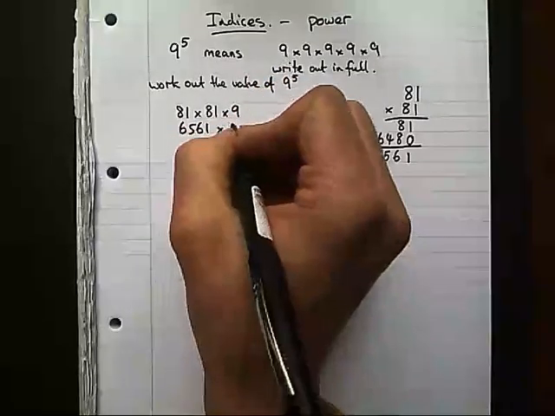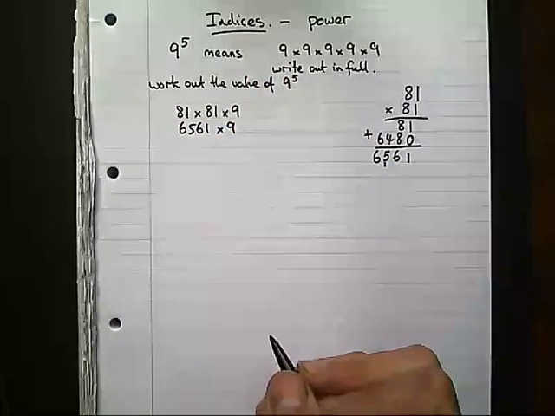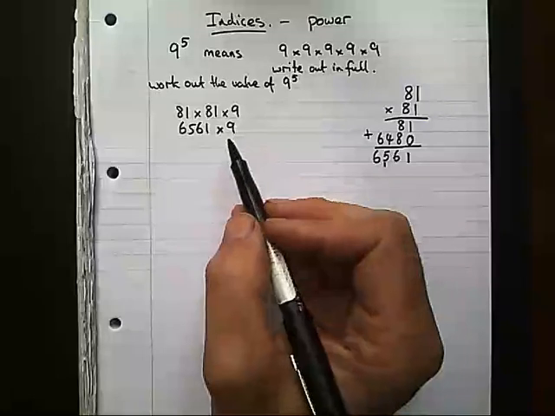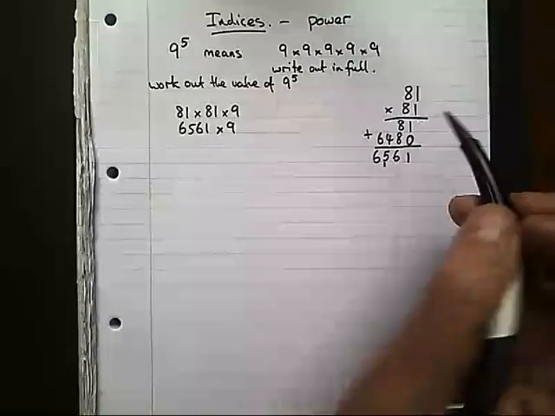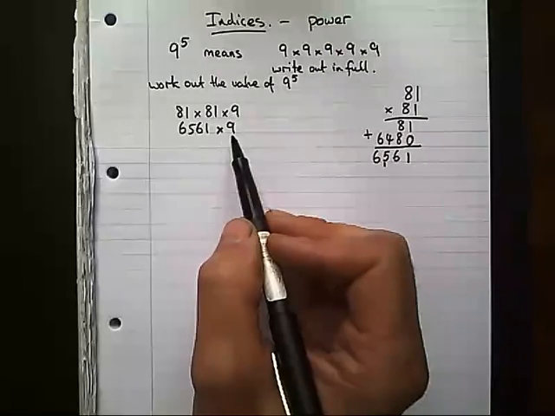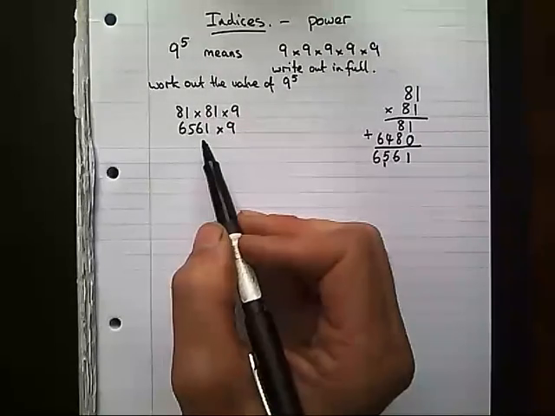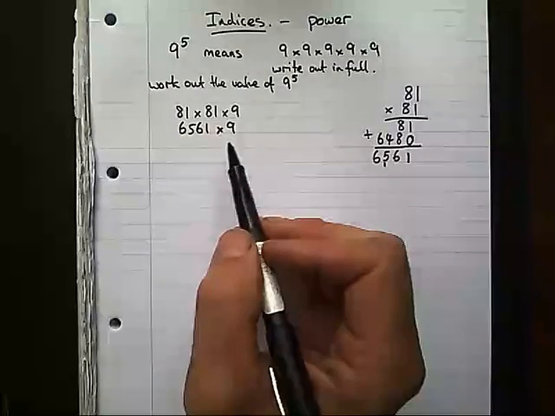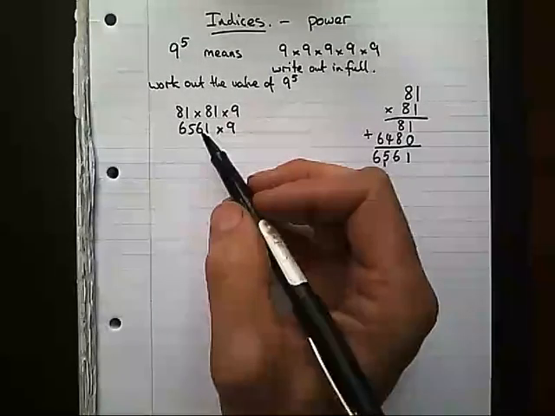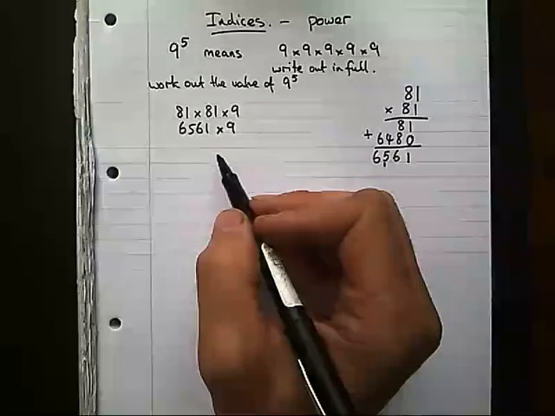And I need to times that by 9. Now I could write this out as I did with 81 times 81, but what I do know is 6,561 times 9 is 1 less of 6,561 when I times it by 10.